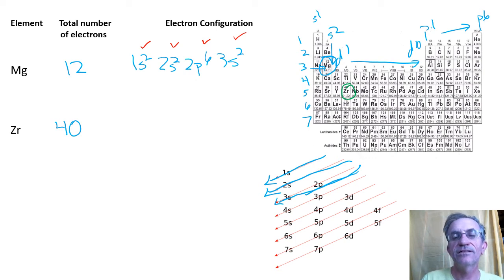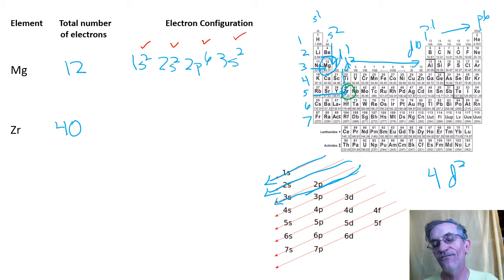Look at where it is on the periodic table. It should end in D2. Now be careful. Remember the D's are one behind. It should end in 4D2. I know we're in the fifth row, but the D's are one lower. It should end in 4D2.